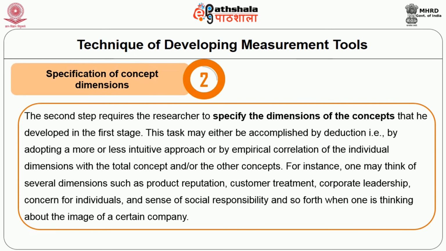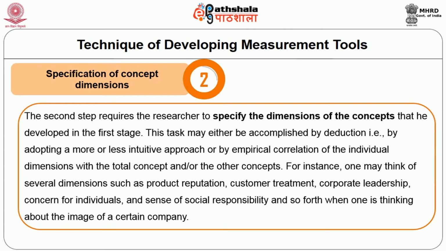The second step requires the researcher to specify the dimensions of the concepts that he developed in the first stage. This task may either be accomplished by deduction, that is, by adopting a more or less intuitive approach, or by empirical correlation of the individual dimensions with the total concept and or other concepts.